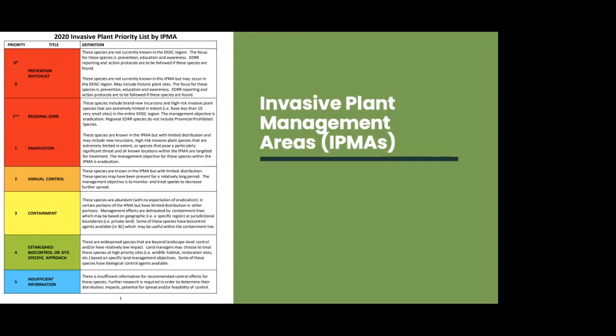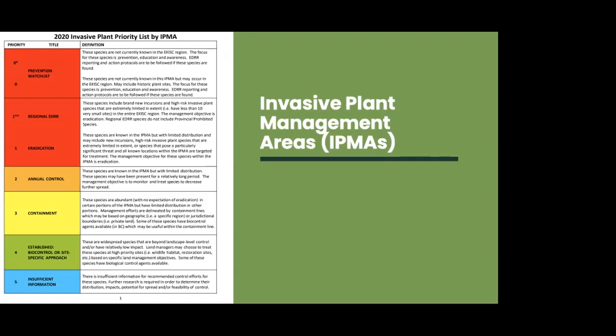So we have our high priority plants, which are the ones that either aren't present yet or are present in very low quantities, in the red up there, all the way down to established, which is number 4. So these are widespread species, and there are lower priorities unless they're causing significant damage to an area.